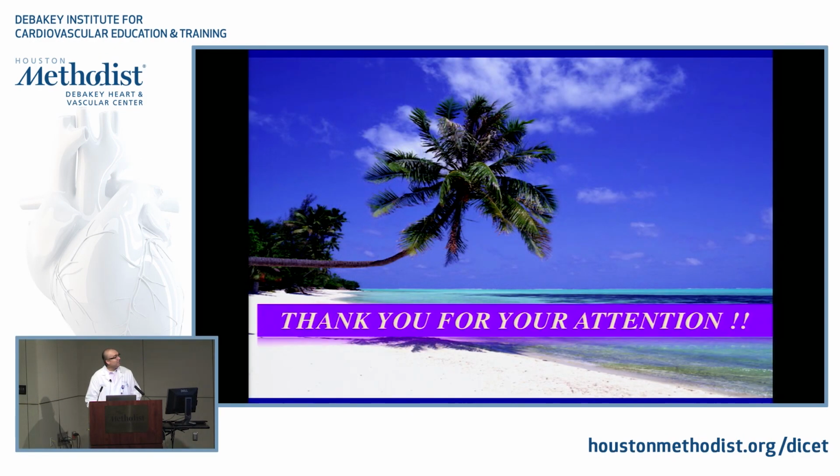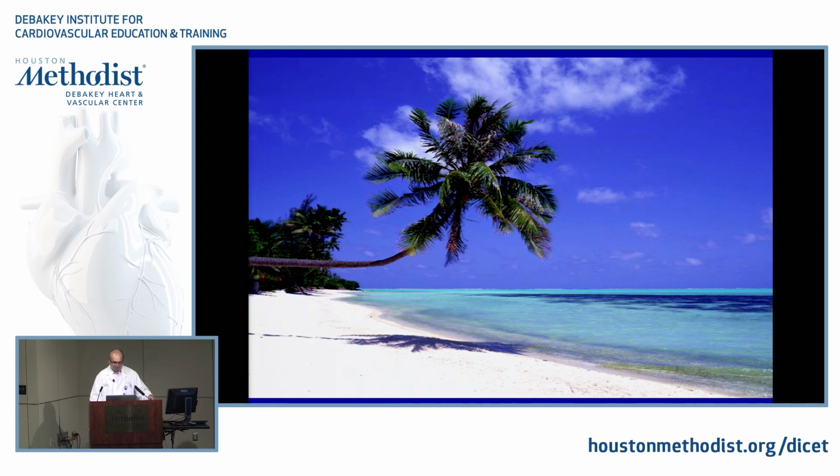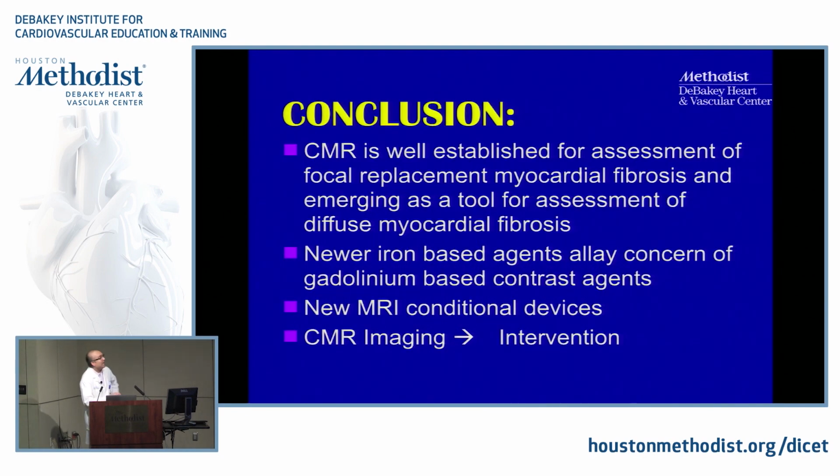And then, to wrap it up, I think the advances in CMR over the last 10 or 15 years have really made the assessment of myocardial fibrosis very robust, both from the standpoint of replacement fibrosis and now with use of dark blood techniques looking at papillary muscle fibrosis, but also now with ECV techniques where we can actually look at diffuse interstitial fibrosis.